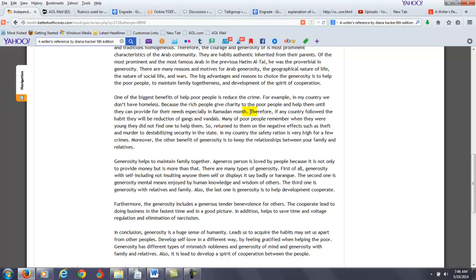Again, I would rewrite this to say, if any country followed these habits, comma, they will reduce the number of gangs and vandals in their respective countries. So that would be what I would do to change the problems in there. So there's some word choice problems. I'm just making this a little bit more concise.